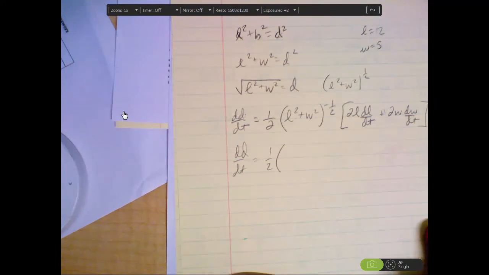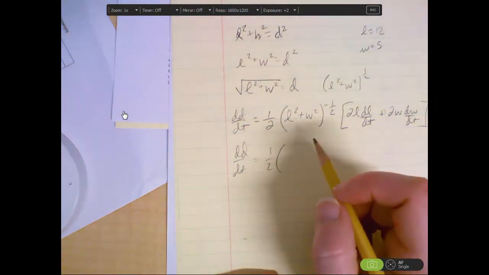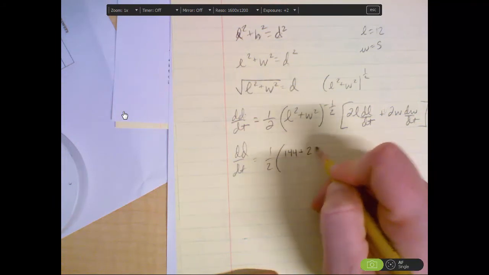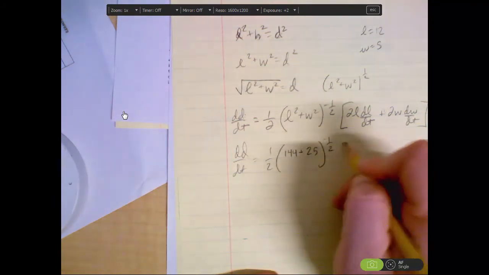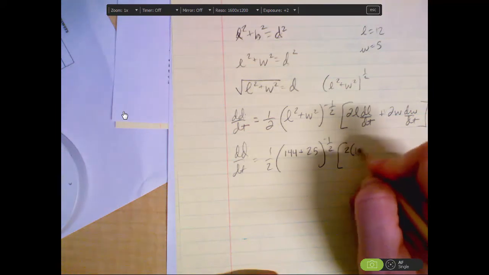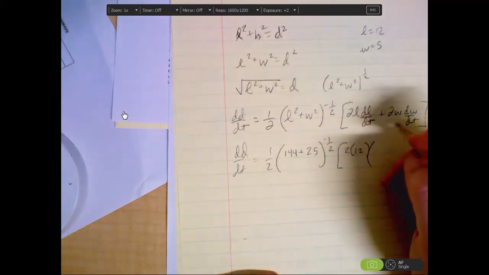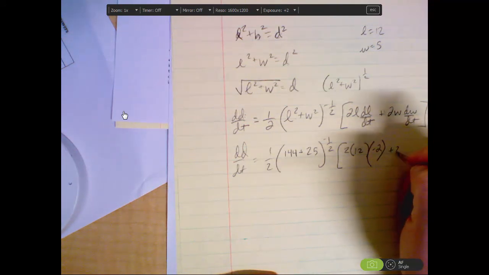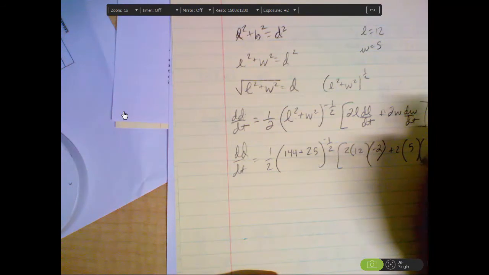So L squared is 144 plus 25 to the negative 1/2 times 2 times 12 times negative 2, plus 2 times 5 times 2.